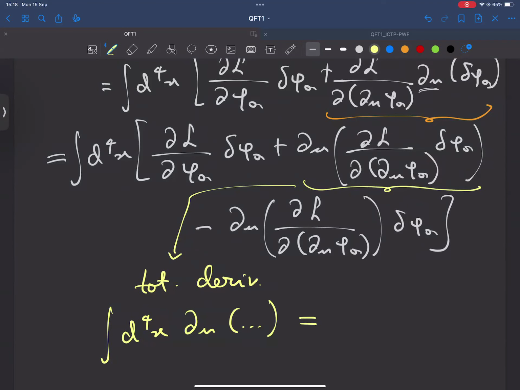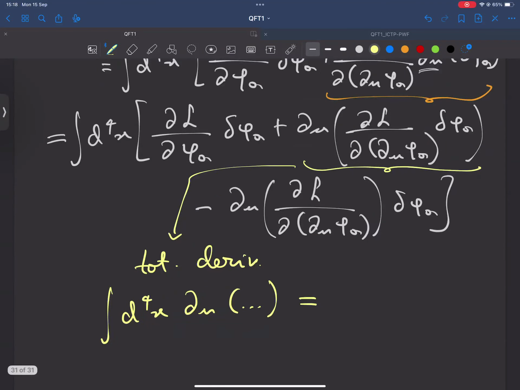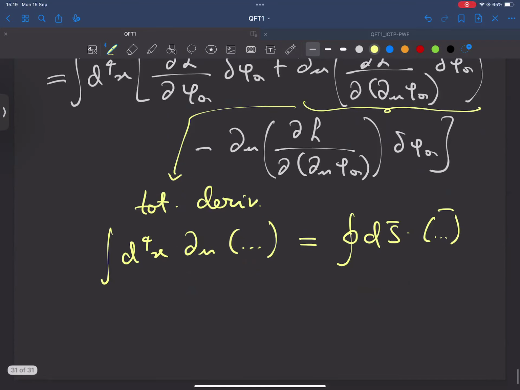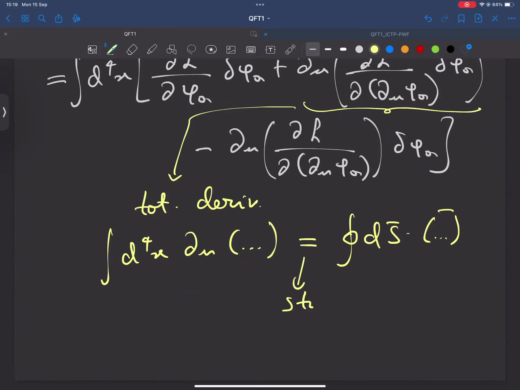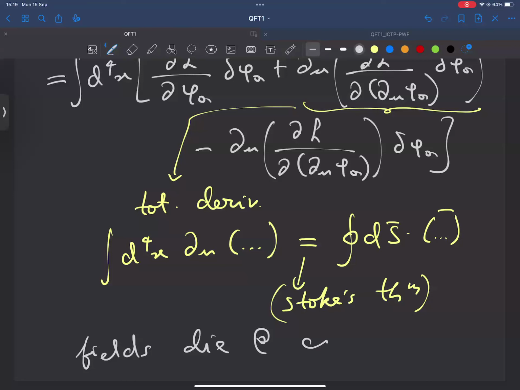And that, as you know, you can use what's called the Stokes theorem to write it as some quantity. Actually, let me write ds times this quantity, whatever that was inside, as a vector. And this is just the Stokes theorem. And now we will further assume that fields die at infinity.